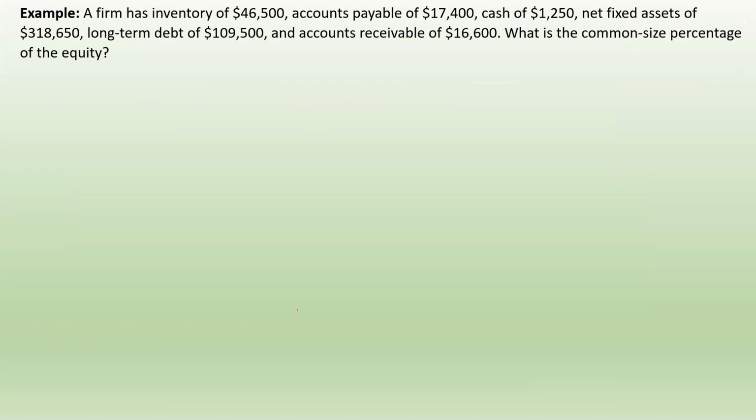A firm has an inventory of 46,500, accounts payable 17,400, cash 1,250, net fixed assets 318,680, long-term debt 109,500, and accounts receivable 16,600. Then it asks you to prepare a common size balance sheet, especially to find the common size percentage of the equity.